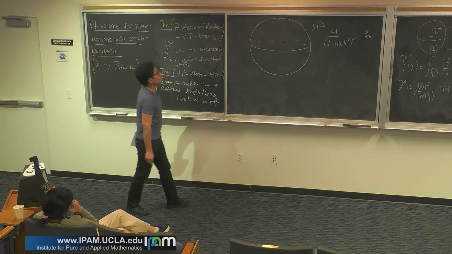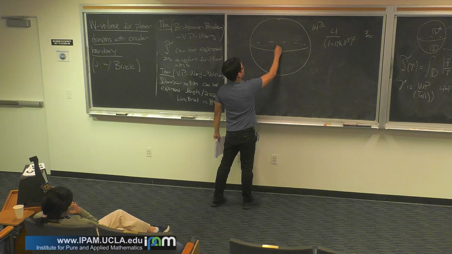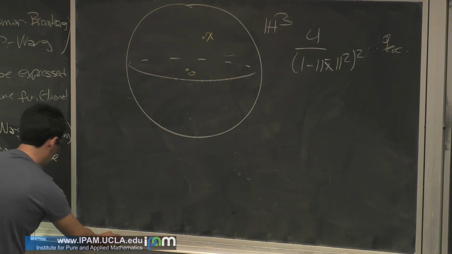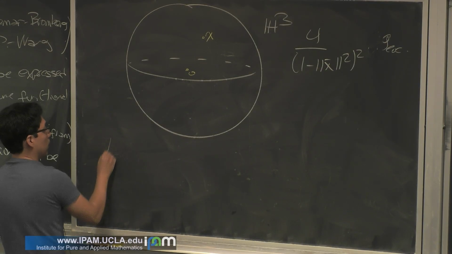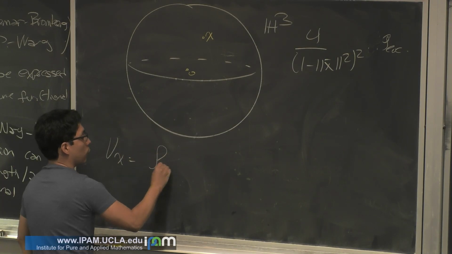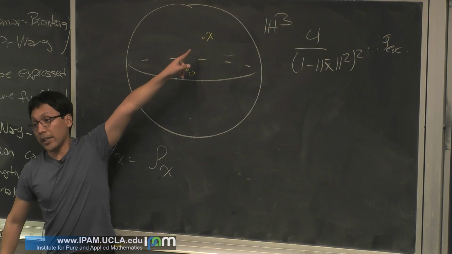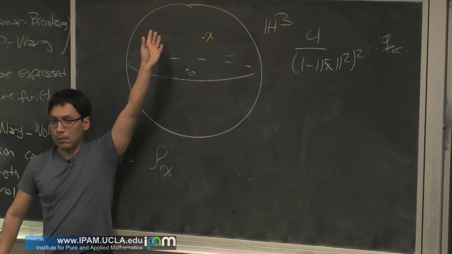So one way to do that is the following. I'm going to declare here my origin, and I'm going to have here a point x. I'm going to take rho x, which is any isometry of hyperbolic space that takes x into the origin. This is a very symmetric space.